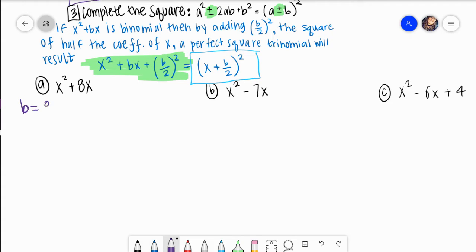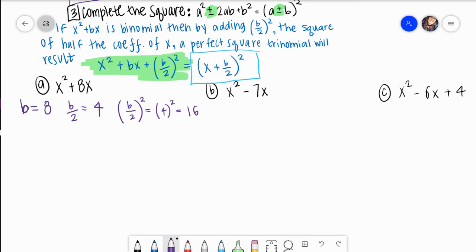So my b is 8. I also need half of my b, which is 8 divided by 2, which is 4. Then I need half of b, squared. Half of b is 4, and if I square it, I get 16.